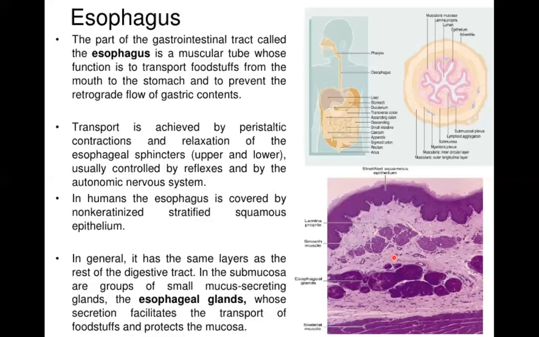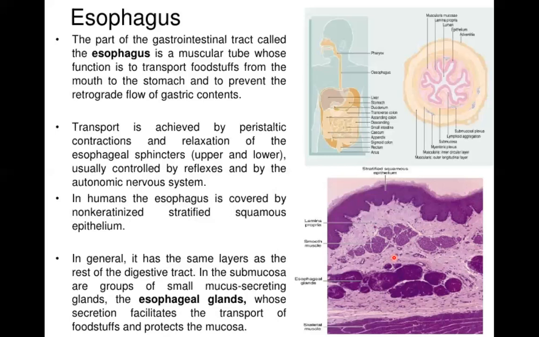Here they are called esophageal glands proper. This is regarding the submucosa. And we must not forget that in the submucosa we have the submucosal plexus, the autonomic plexus for the tract.